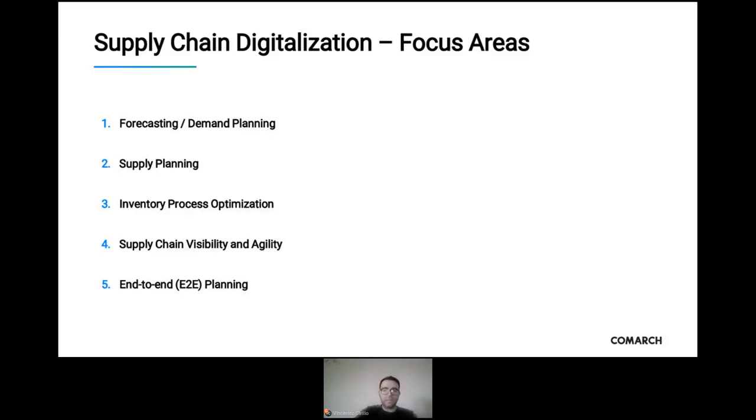Especially, they are adding to their agenda the possibility to include digital tools to improve their forecasting, demand planning, as well as supply planning. Also, supply chain leaders are working to improve their inventory process through digital tools, to have better supply chain visibility and agility. And also they are looking for digital tools for end-to-end planning.